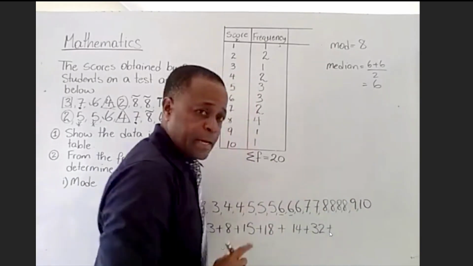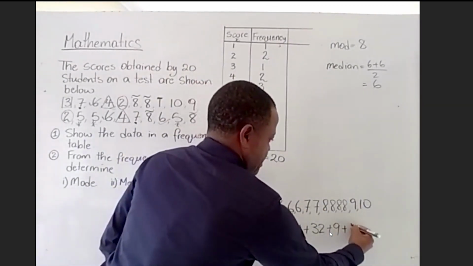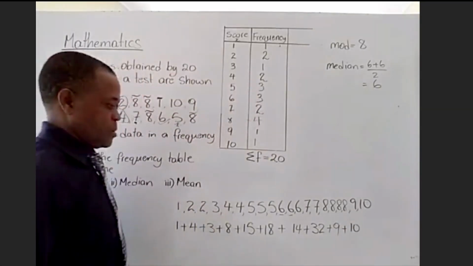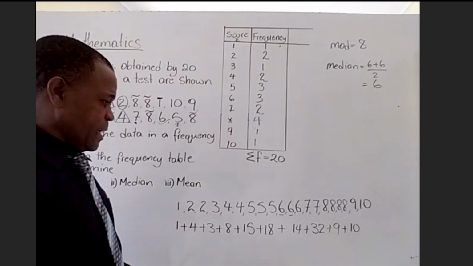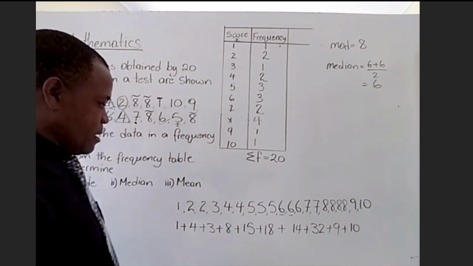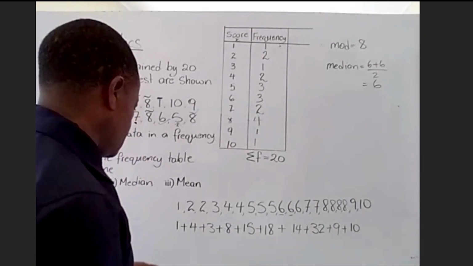Plus, we only have 1 nine, so we put it there. Plus 1 ten, so we put it there. Okay, great. Now we can go ahead and add all of those scores.